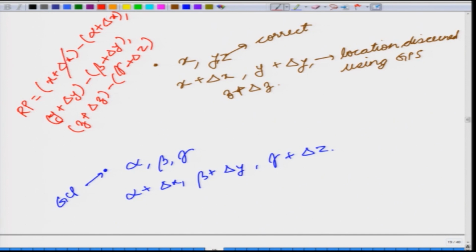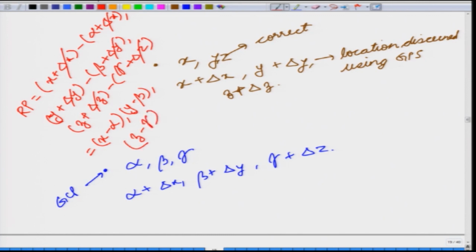Now, in this case delta x, delta y, delta z get cancelled out. So, now you have that the relative position is given by x minus alpha, y minus beta and z minus gamma.